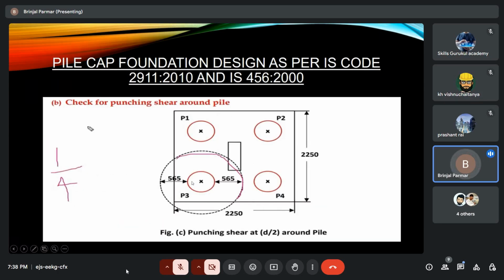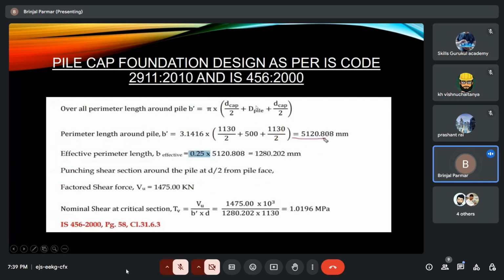So perimeter length of the pile P dash, we put the values and we get 5120 mm. Effective perimeter length P effective is equal to 0.25 into 5120, and we get the answer 1280 mm. Punching shear section around the pile at D by 2 from the pile face.